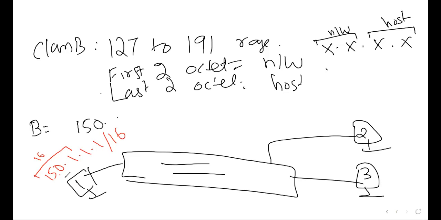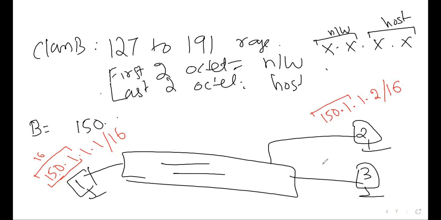Now I'm writing the second system's IP, which is again 150.1. The first two octets shouldn't be changed to define the network, because in class B the first two octets are the network, and here I can write anything, let's say 1.2. Again, what do I need to define? /16, because the first two octets are the network. The idea behind defining /16 in class B is to indicate that the first two octets are the network.